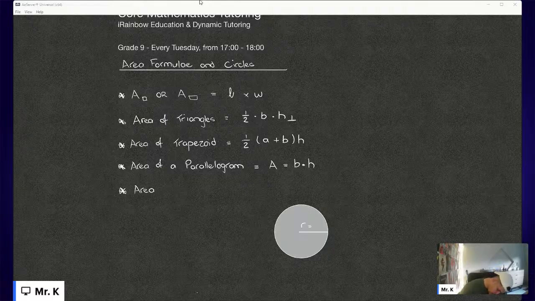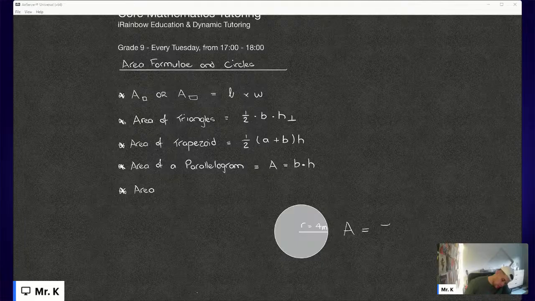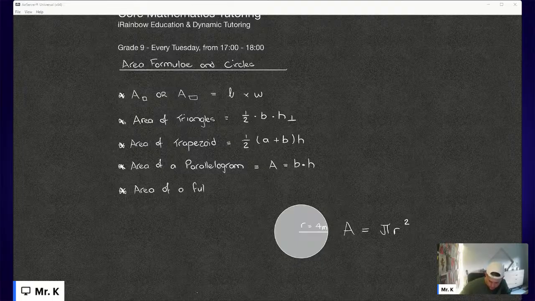Let's say our radius is 4 millimeters or just 4 meters, simply. You guys by now should have memorized the formula for the area of a full circle, right? We know that the area of a full circle is pi r squared.